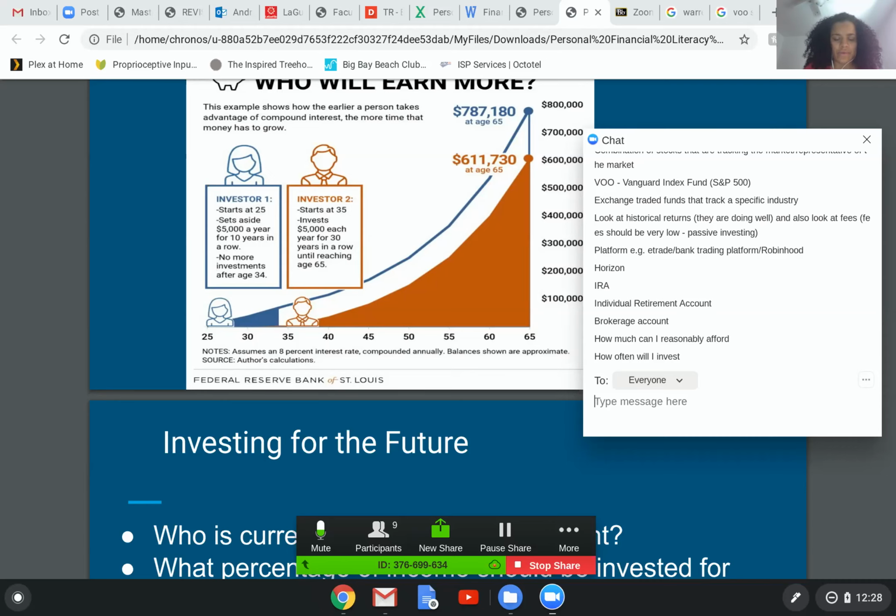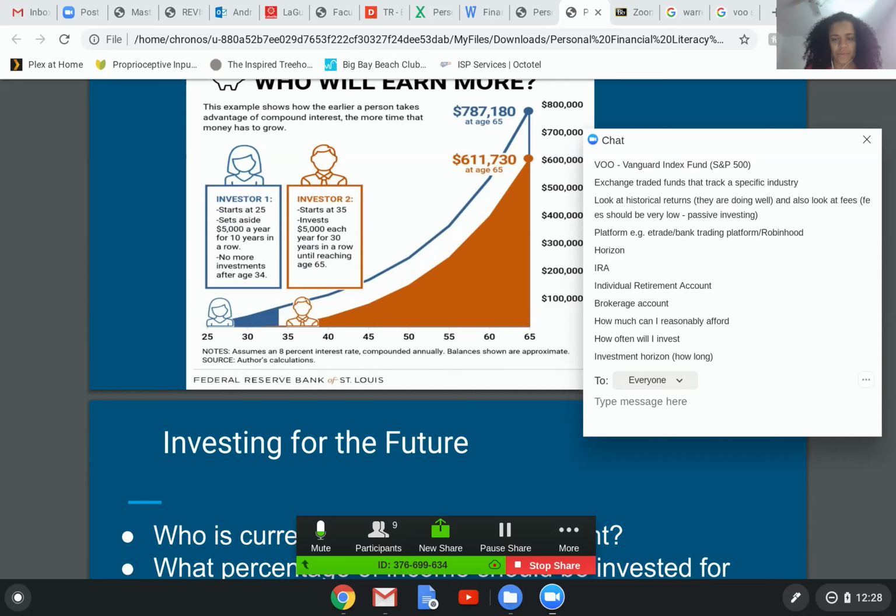And then you're thinking about, what is my investment horizon, which means, for how long can I leave this money in there? Probably for as long as possible, but you never know. And then you're asking, what platform will I use? So will it be, like I was saying, an E-Trade or my bank's investment platform, or what?